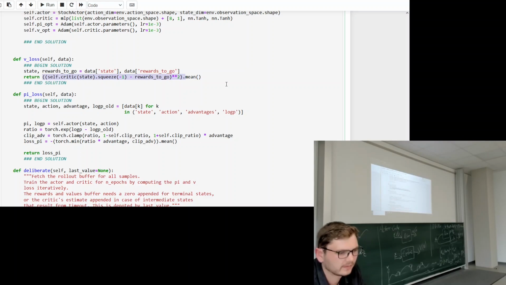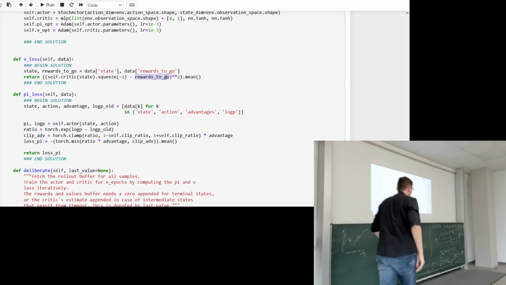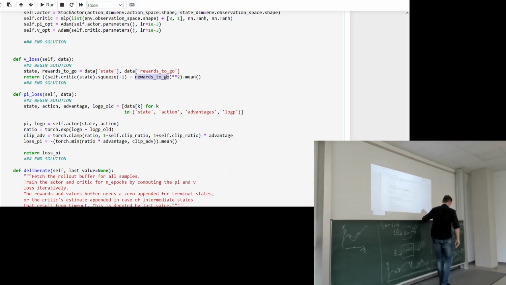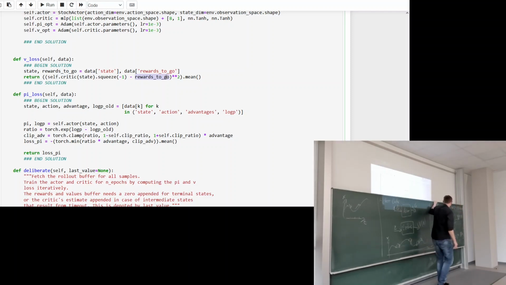Here we see again our estimation error for the critic. Rewards to go is in this case not the same as we see over there, but we are actually taking into account a larger set of actual samples. So we have a larger trajectory, and we are extending what could come in place of this Q function, right?